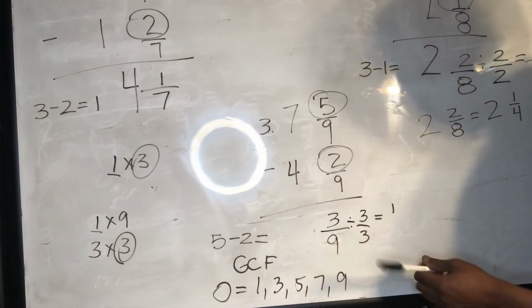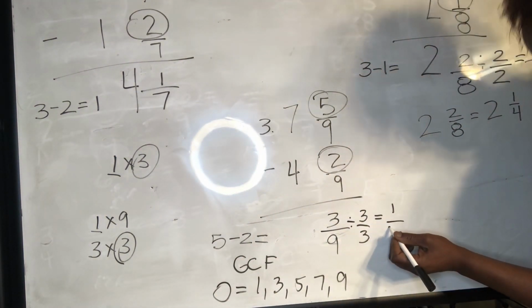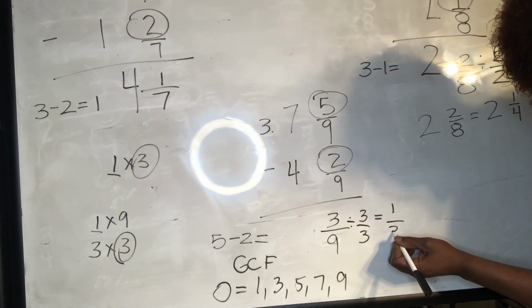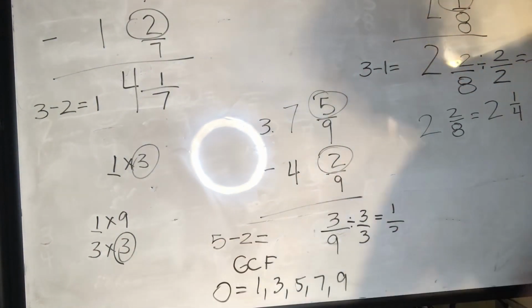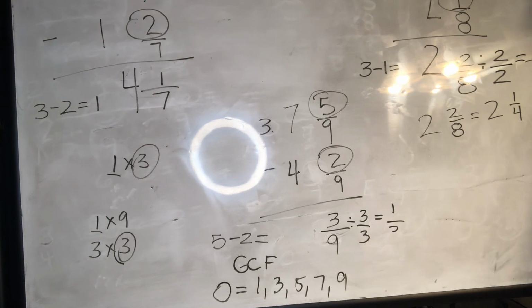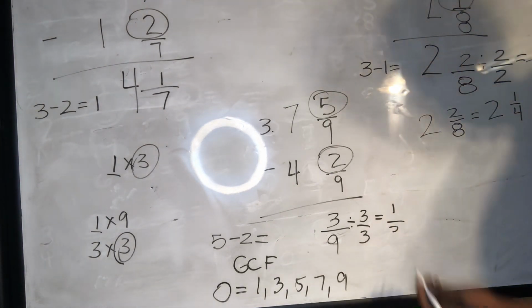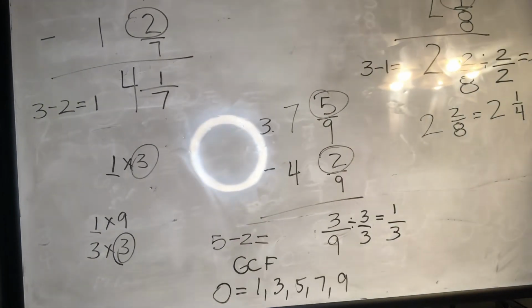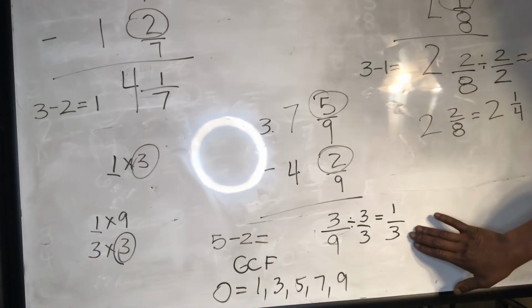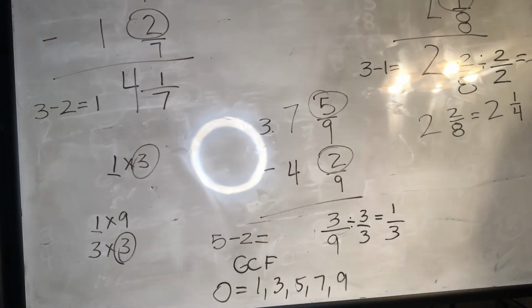So 9 divided by 3 is going to give us what? What does it say? 3 times 3 gives you 9. So 9 divided by 3 gives you how much? 3. That's all it could give you. And so the answer on this side is going to be 1/3. We're going to write the full answer in, but I'm going to give you a second to grab that first.